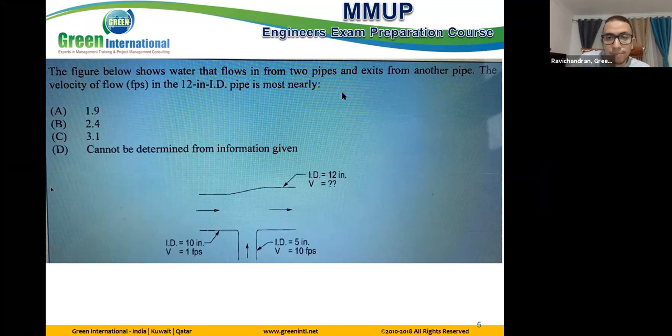I write the equation: sum of Q in equals sum of Q out.